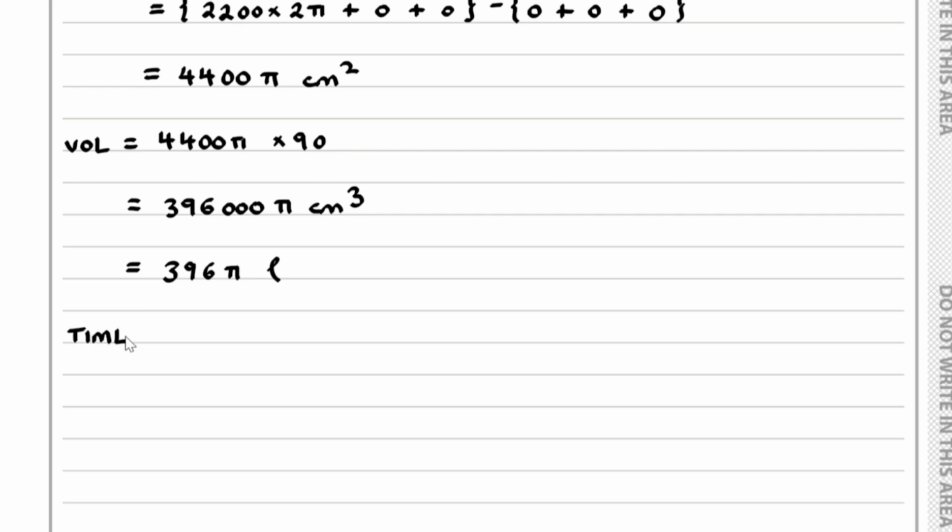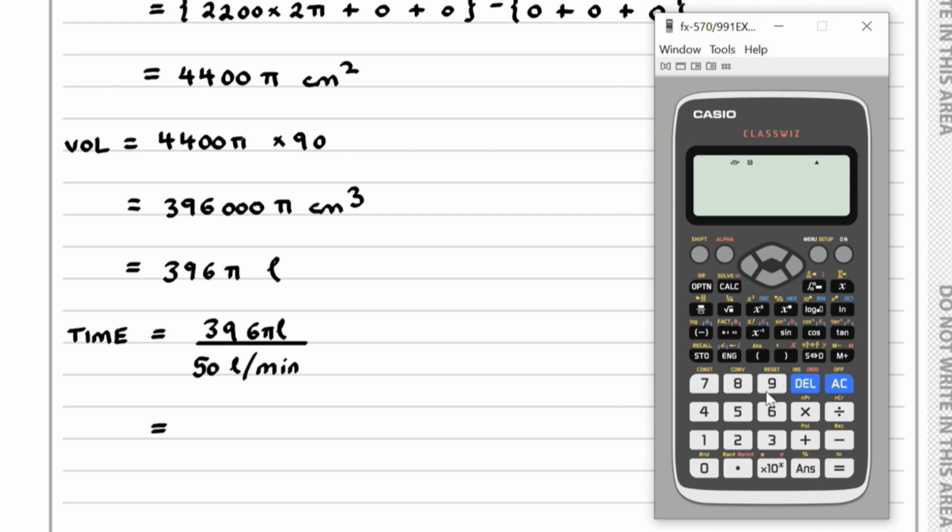So the time is equal to 396 pi litres divided by 50 litres per minute, which is, if I work this out, 24.88 etc. minutes. So to the nearest minute, we get 25 minutes.